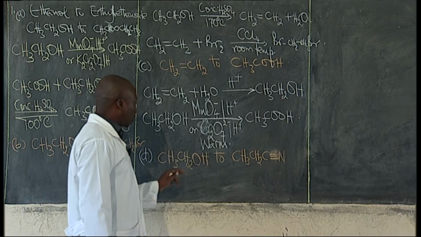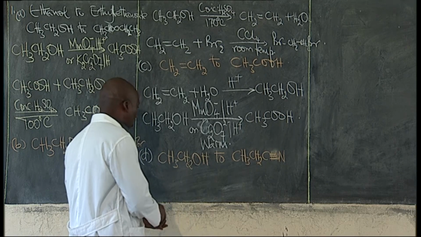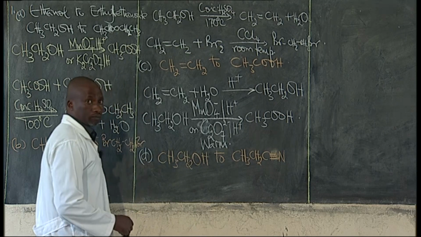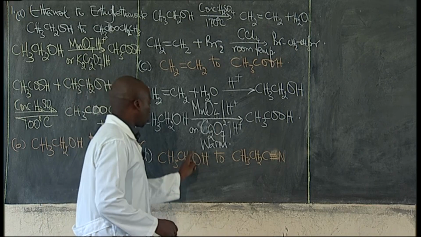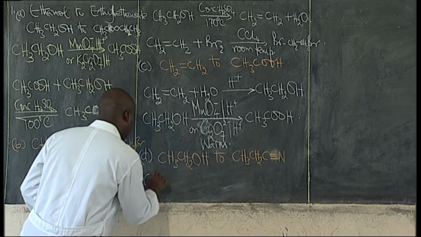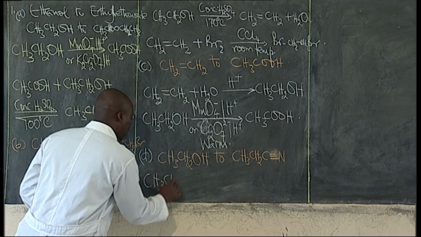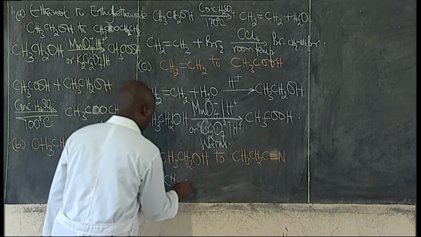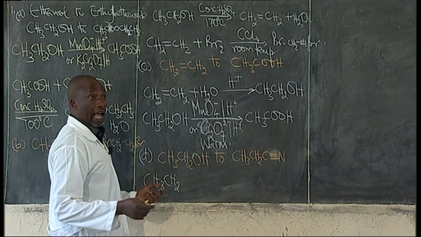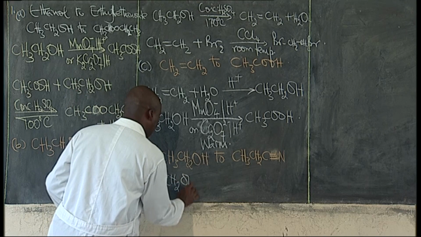So what we can do here, in the first step, we are going to substitute this one. So we'll say CH3CH2OH plus, we can even add concentrated hydrochloric acid.